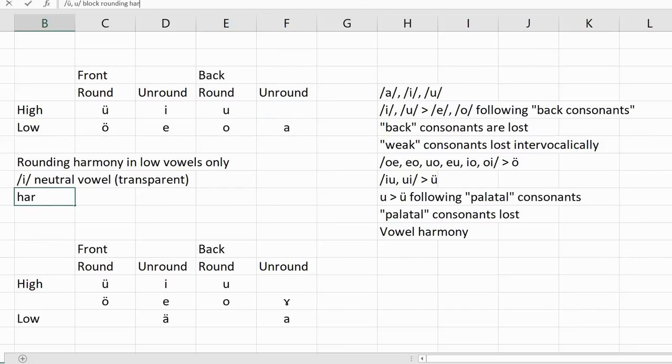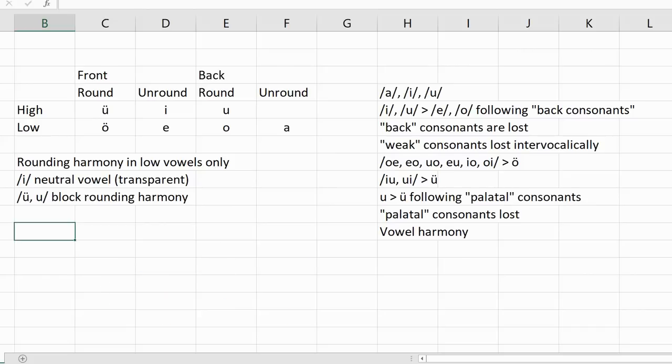I'm going to say that ü and oo block rounding harmony. As crazy as that sounds, that's just what my instincts are telling me. And so are Manchu and Mongolian. So that, then, is our pristine system taken care of. It's pretty straightforward, pretty simple, and now comes the fun part, destroying it.